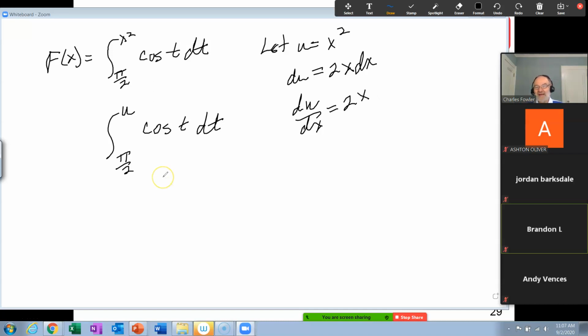Okay, now let's think what this is. This would kind of look like that. All right, now the problem said find the derivative. What we're looking for is F prime. We're looking for F prime when F is that. Well, what is F prime? F prime, written in Leibniz notation, is dF dx.